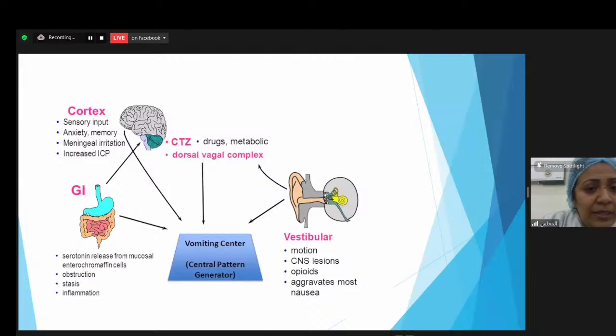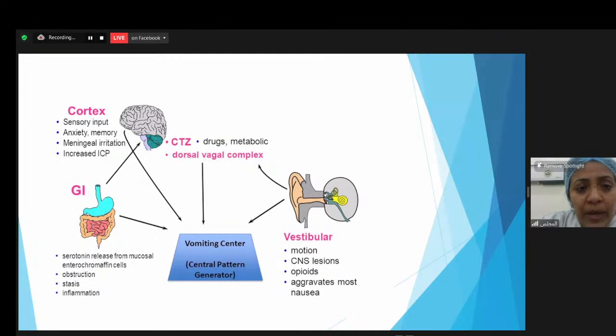So this diagram is speaking about the general concepts, the physiological pathway of vomiting and how vomiting occurs. It is mainly having three important centers in the brain, and we have peripheral centers in the gut, with impulses coming from the gut.